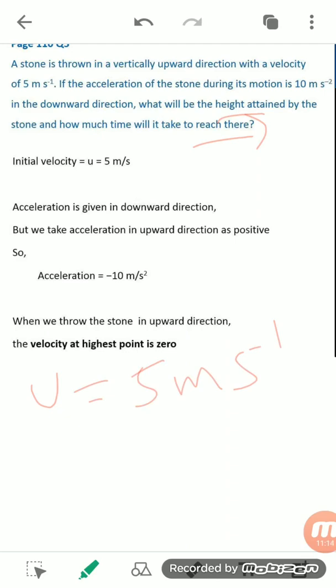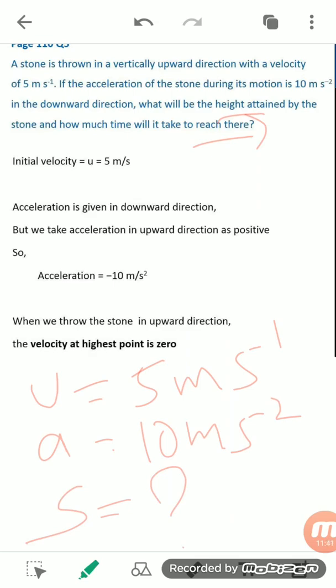Acceleration is given here, acceleration is equal to 10 meter per second square. What do we have to find? The height, which means the distance s. We do not know s.